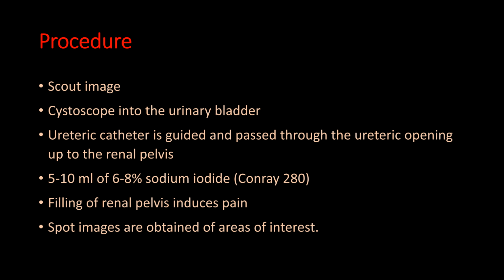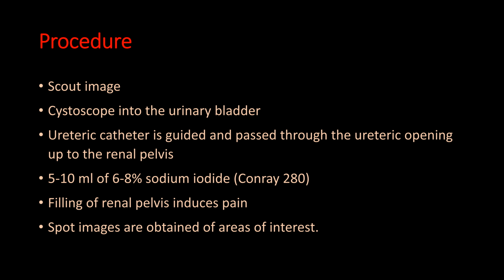For the procedure, before injecting the dye, a scout image is taken. Then cystoscope is passed through the urethra into the urinary bladder. Through the cystoscope, ureteric catheter is passed through the ureteric opening up to the renal pelvis. 5 to 10 milliliter of 6 to 8 percentage sodium iodide dye, known as Conray 280, is injected, which fills the renal pelvis.